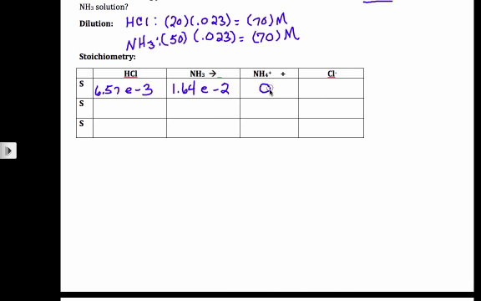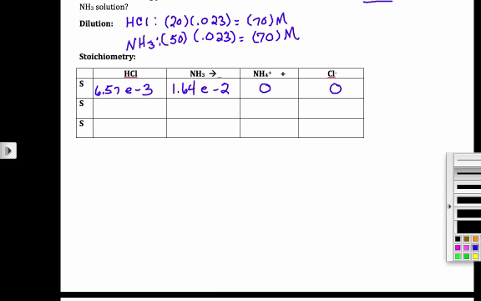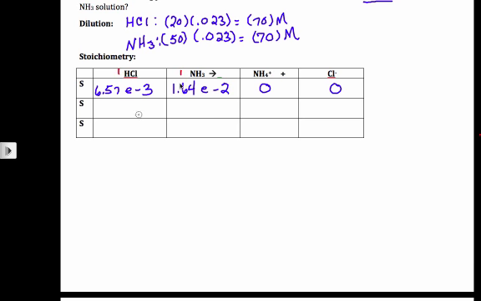Now I have no other source of the ammonium ion or the chloride ion. Now remember, this is a stoichiometry. A stoichiometry is going to proceed to products until the limiting reactant runs out. Since it's a 1-to-1 mole ratio, it should be very clear to you that this is our limiting reactant, 6.57 times 10 to the minus 3.